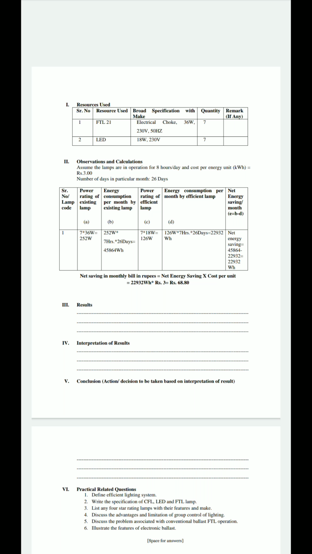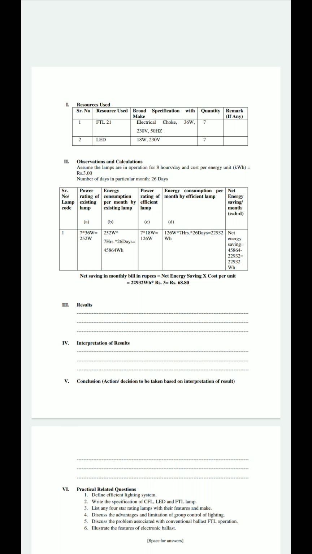So finally, the net energy saving per month is 45.864 kilowatt hour minus 22.932 kilowatt hour, which is equal to 22.932 kilowatt hour.